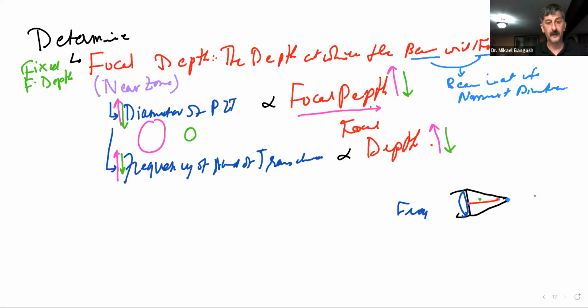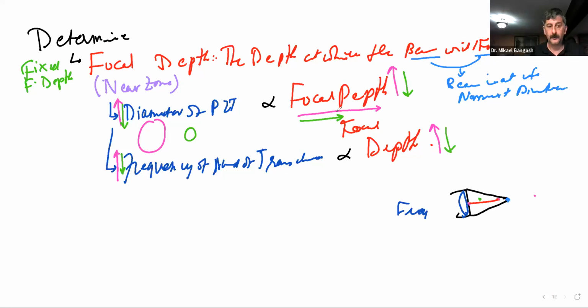Whereas if it was a small PCT, that beam would have focused at a shallower depth. Did that make sense? Yeah. Good.